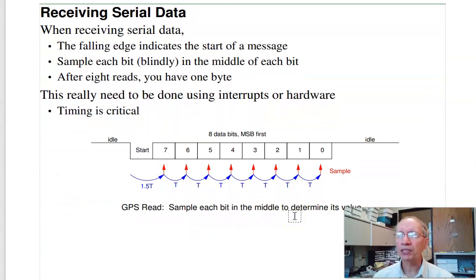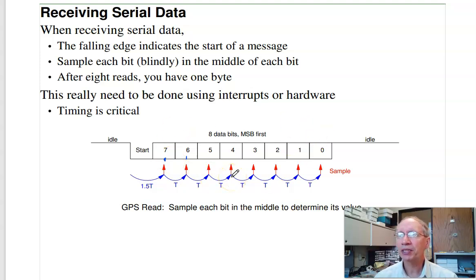When I receive serial data, I really have to use interrupts because I have no idea when the data is coming in. When the serial line goes low, I know the data is coming in. I want to sample right in the middle of each bit, so I wait 1.5 samples. Sample in the middle, repeat 8 times, then I have all 8 bits.